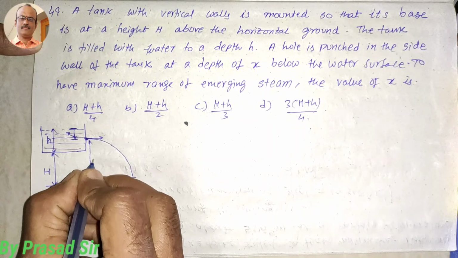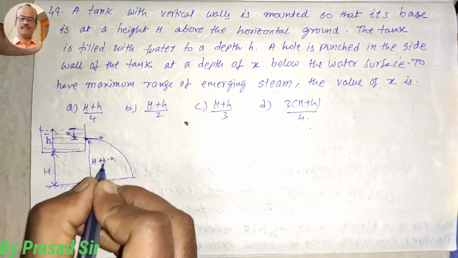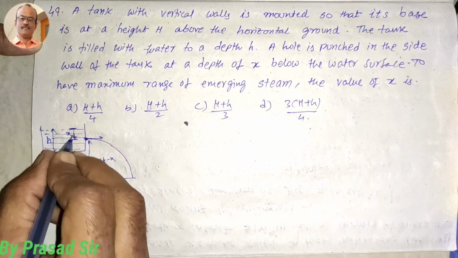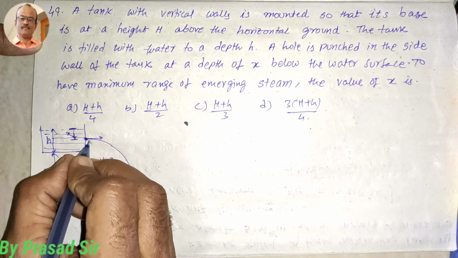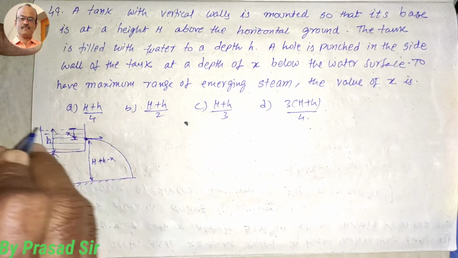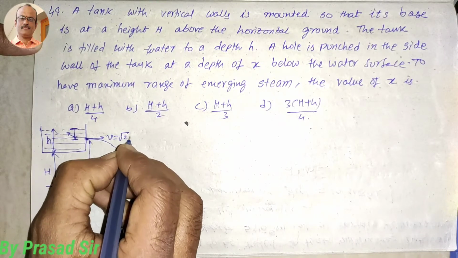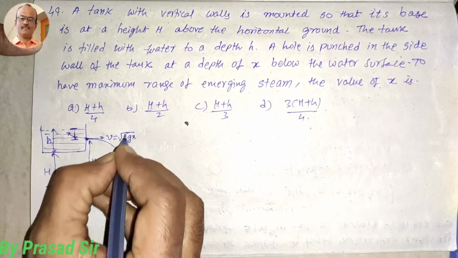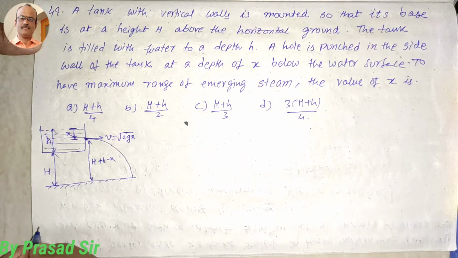H plus h minus x. So this is the height at which the hole is present, and the velocity v of the water which is coming from here is equal to square root of 2 g x. Now one thing remember here, which one we want to calculate?